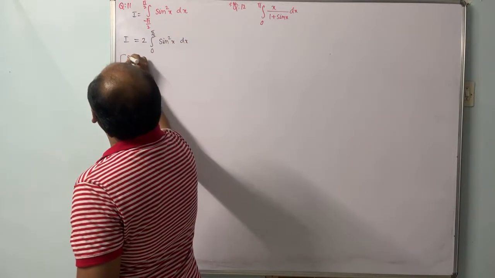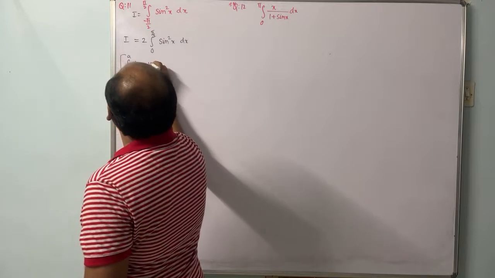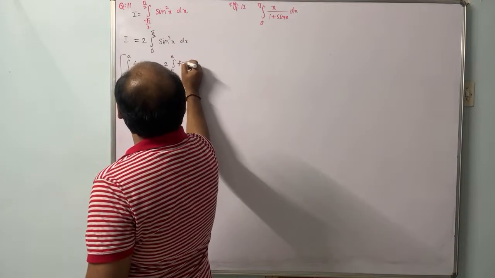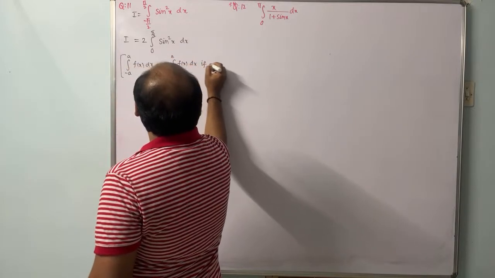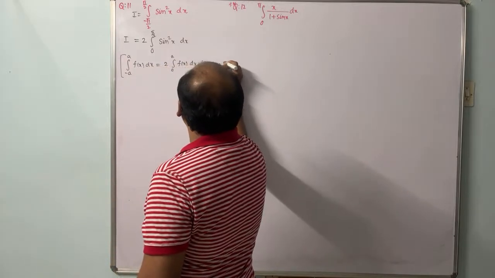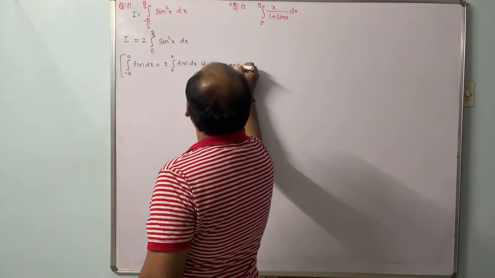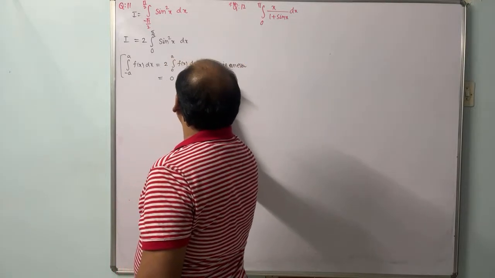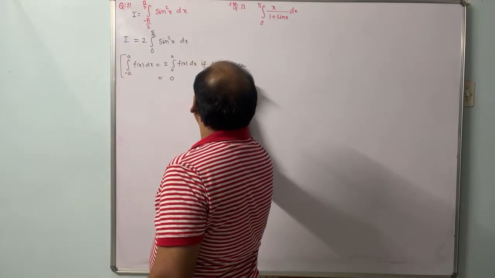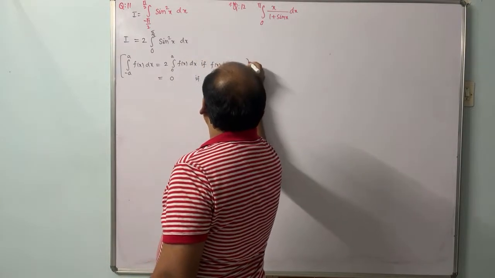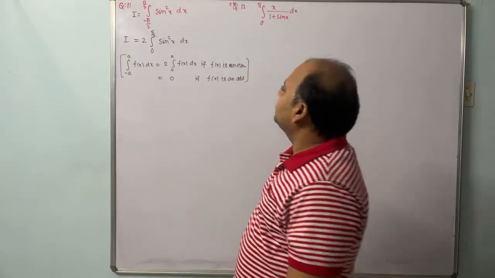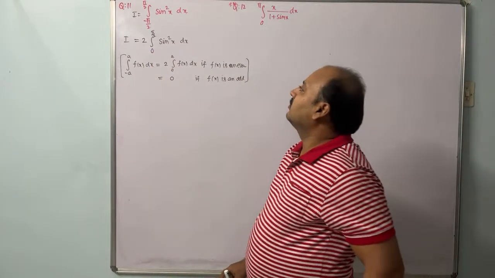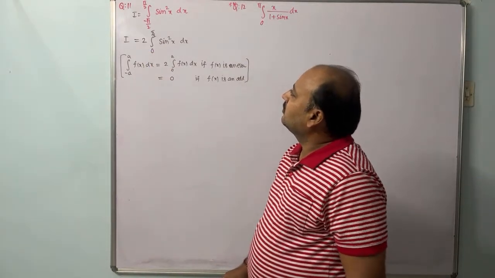The integral from minus a to a of f of x dx is equal to 2 times the integral from 0 to a of f of x dx if f of x is an even function, which is equal to 0 if f of x is an odd function. So this is a very important property, dear students. Because this is an even function, we wrote like this.